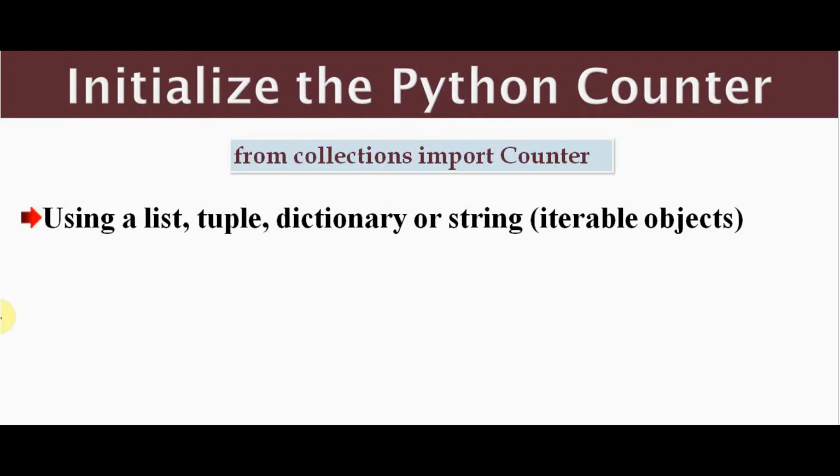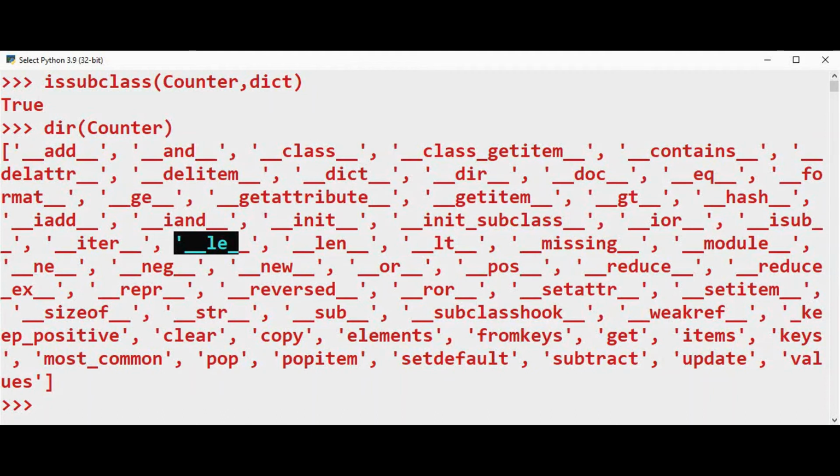We can initialize the Python Counter using two methods. First we have to import the Counter class. The first method is you can either use the list, tuple, dictionary or string to initialize the Python Counter. So let's start with the list. So just give c is equal to Counter of list 10, 20.